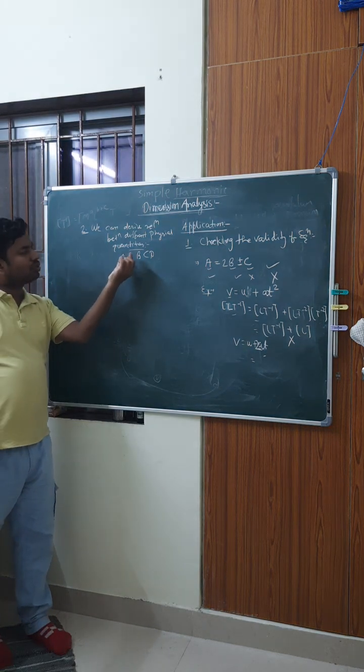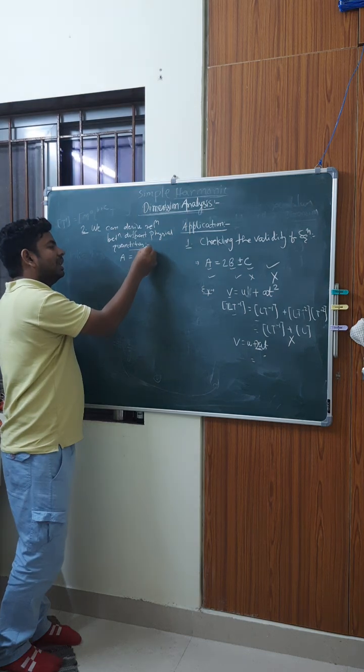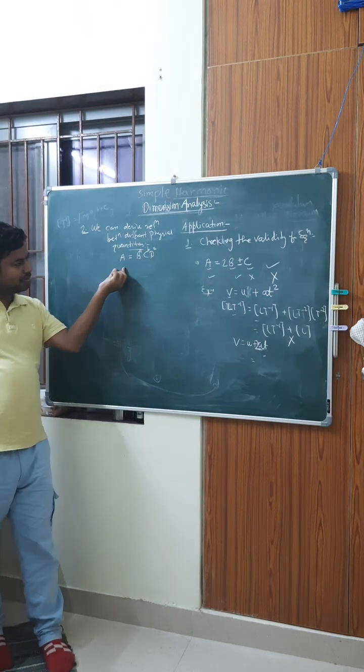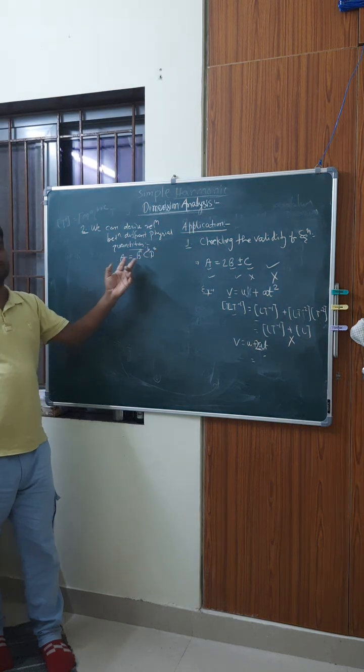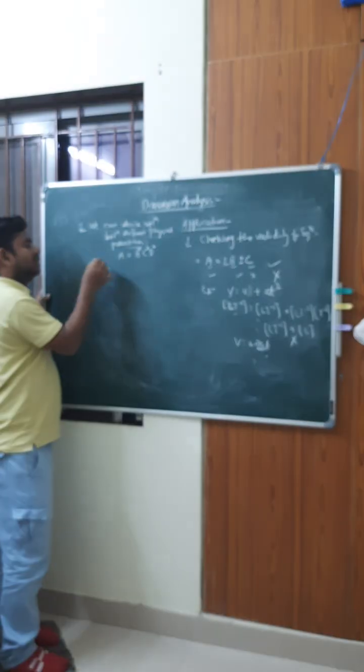So the dimension of A should match the dimension of this. If it is not matching, we will take powers a, b and c, write the dimension of the right hand side, equate that with the left hand side, and then find the values of a, b, c such that the dimension will match. We will take one very good example.